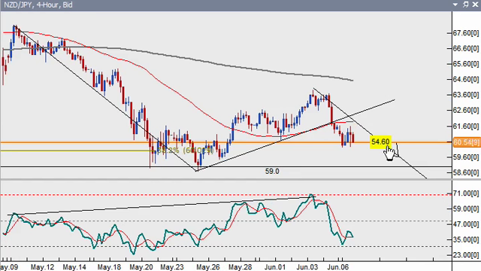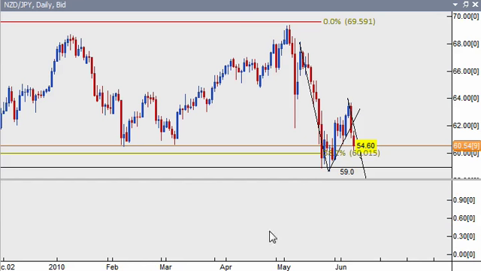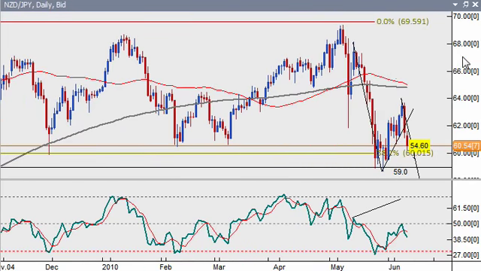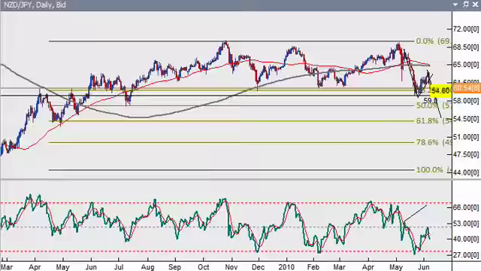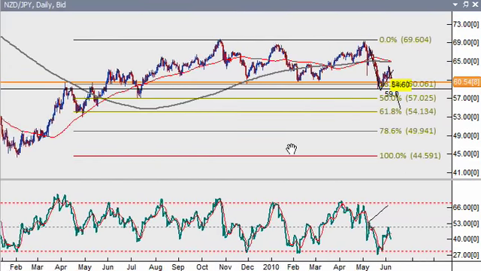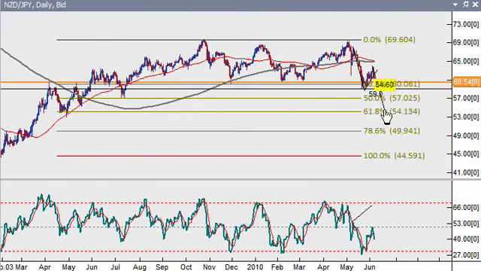Okay, so that's 5460, but let's take a look at the daily time frame to see what that is in a longer, bigger context. So here, zoom out a little bit. This swing projection basically puts us near the 61.8% retracement area.